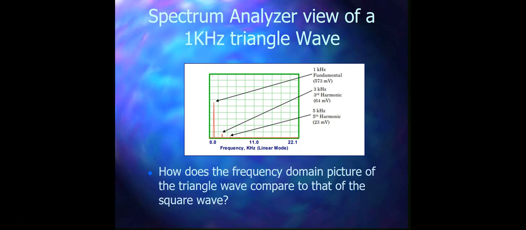In a square wave, much more high frequency energy needs to be added when compared with the triangular wave, and that is the reason we say that the square wave's harmonics remain relatively strong when compared with those of the triangular wave.